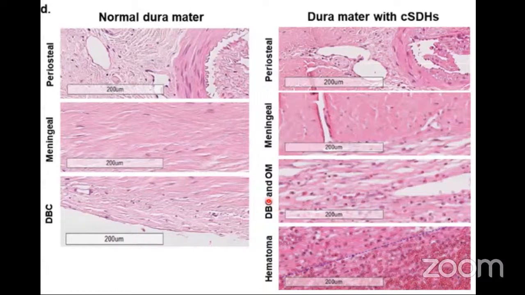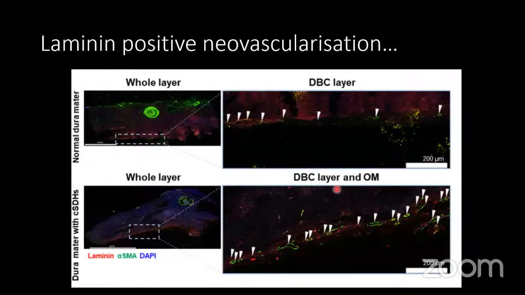In the histopathology, all the layers are enlarged. The periosteal layer has numerous vessels as well as sinusoidal capillaries forming in the border cell layer, and beneath that the hematoma comes.